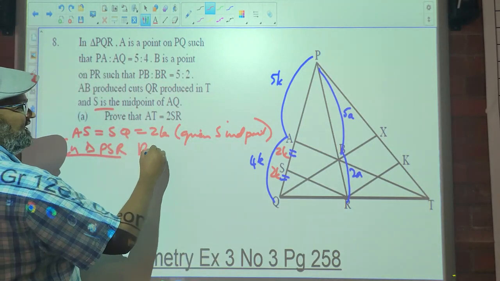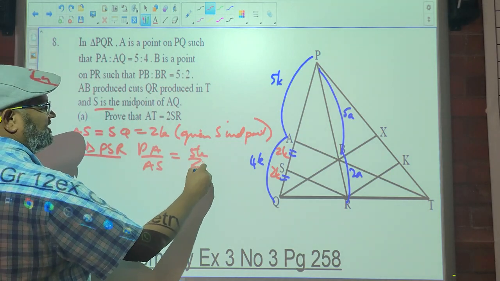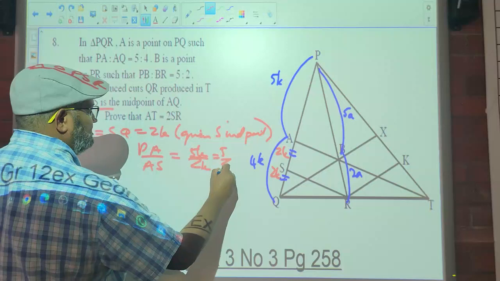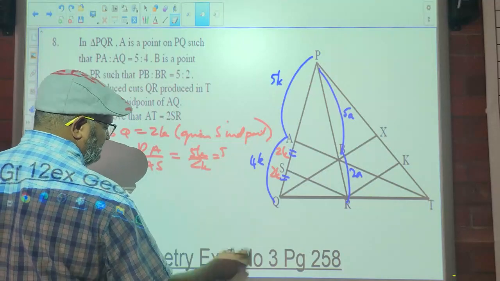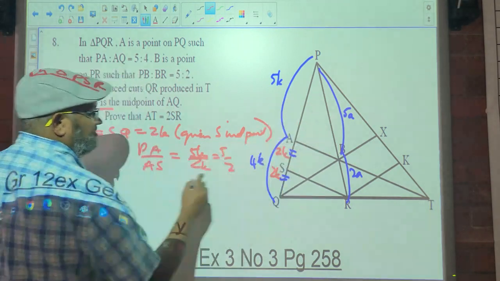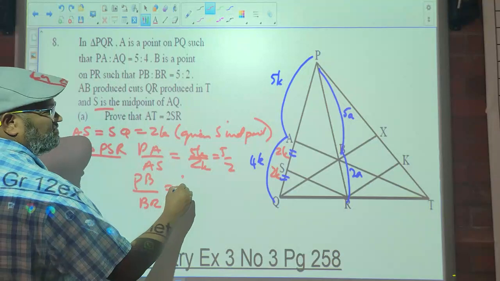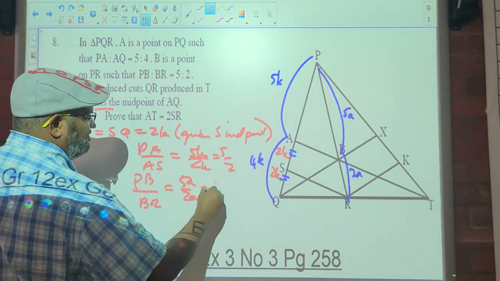PA over AS is equal to 5K over 2K, which is 5 over 2. Then PB over BR is equal to 5a over 2a, which is 5 over 2.